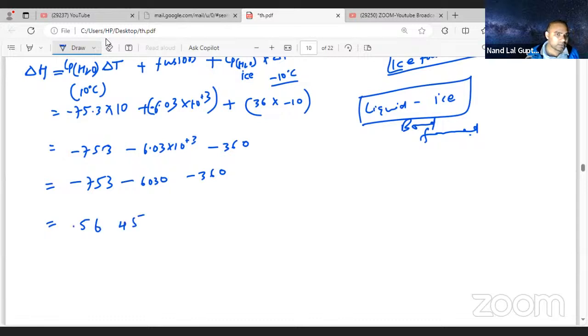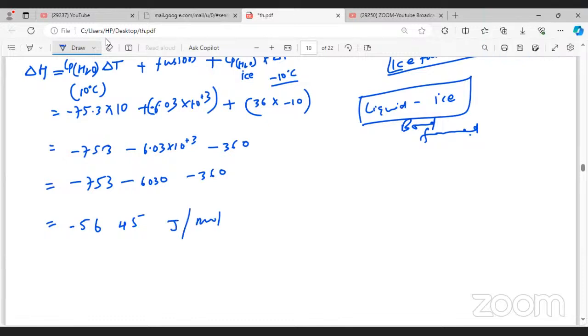5645, negative term, joule per mole. So that means three terms cannot be negative. One should be positive then. So I think this is plus 75.3 will be there. The 75.3 term will be positive. So somewhere we have made a mistake in the sign.